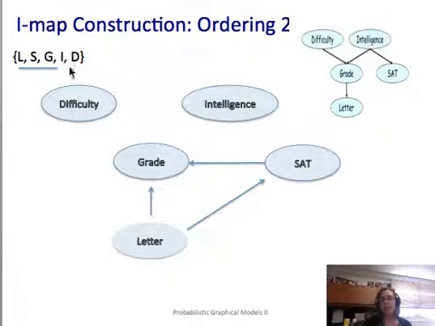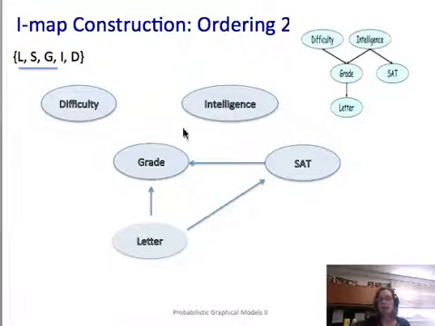And now we add intelligence and we say, okay, well, here's intelligence, and what has to be apparent here? Okay, so let's start with grade. Certainly grade is going to be a parent of intelligence, and SAT is going to be also a parent of intelligence.